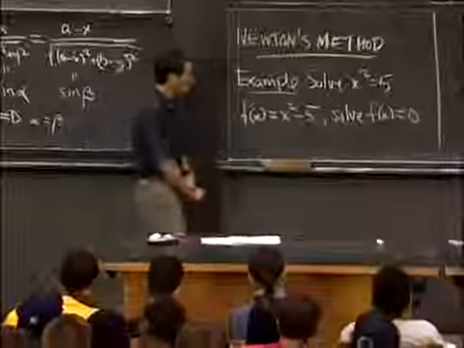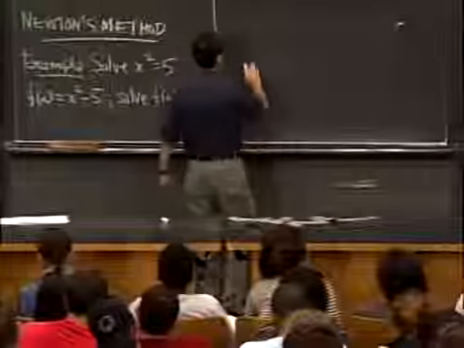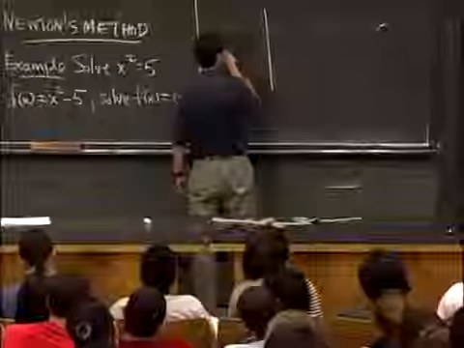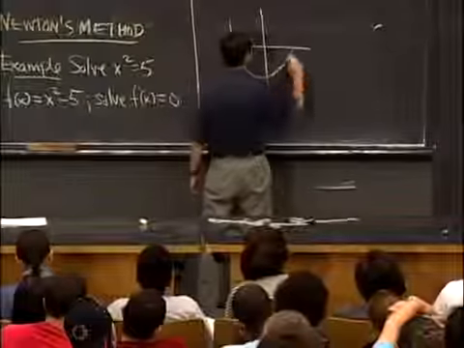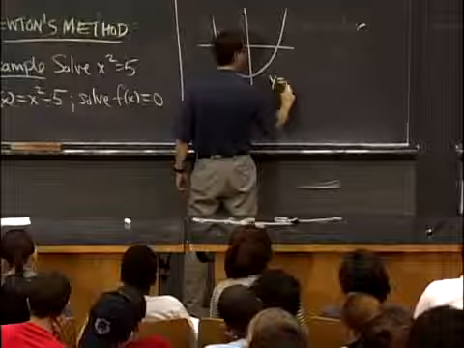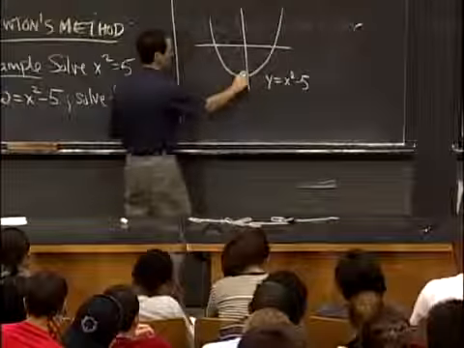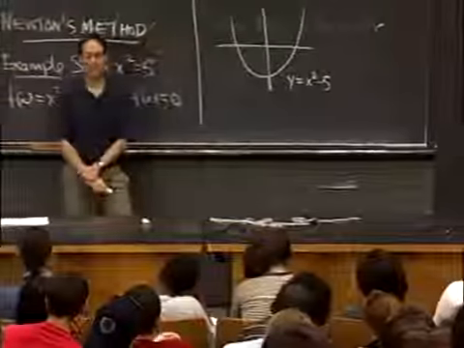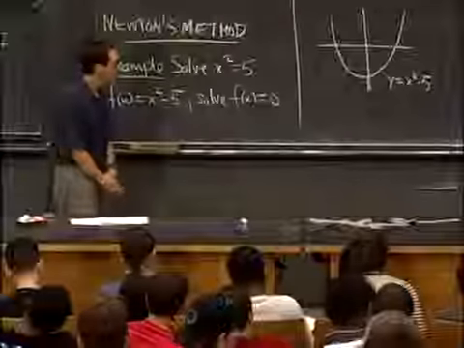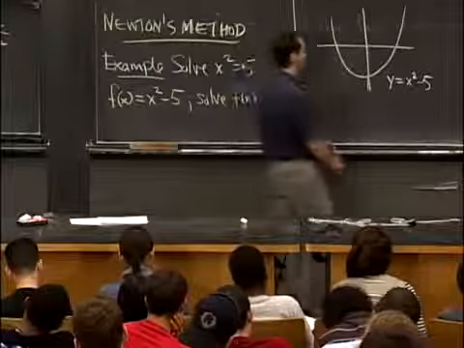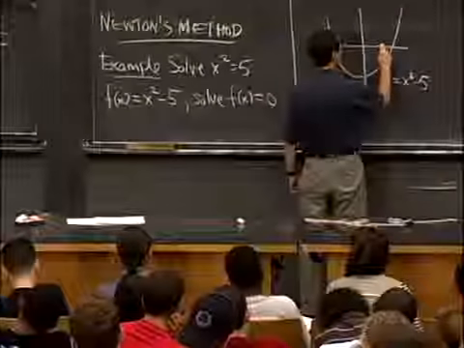So here's how it works. So the idea, I'll plot this function. Here's the function. It's a parabola. y is equal to x squared minus 5. It dips below 0. Sorry, it should be centered, but anyway. Okay? And now the idea here is to start with a guess.